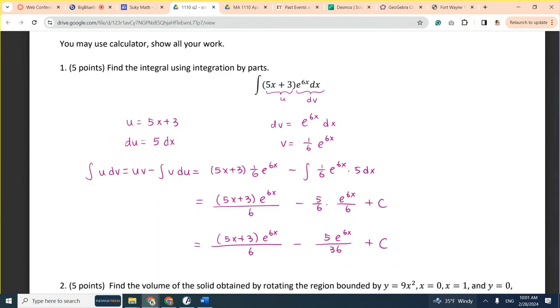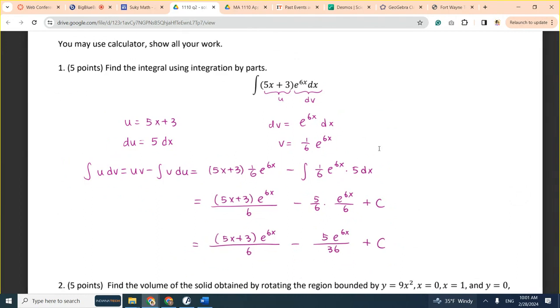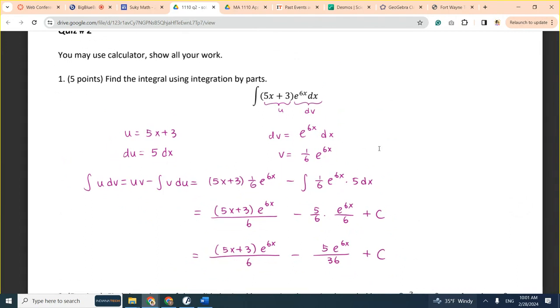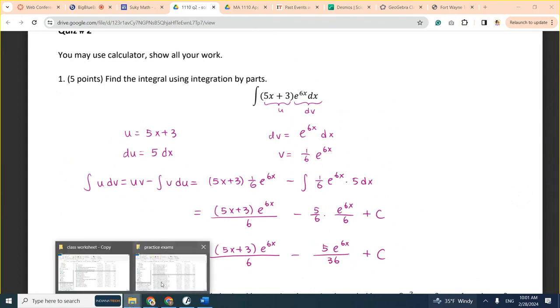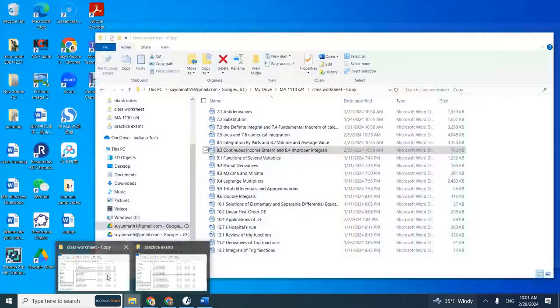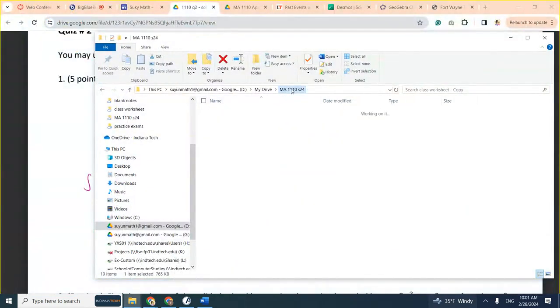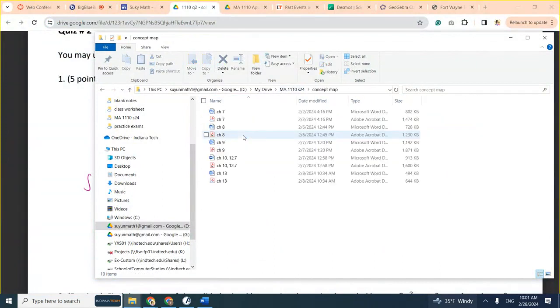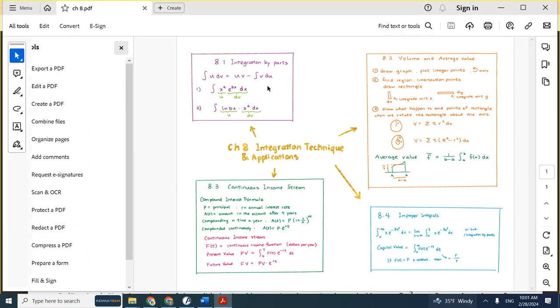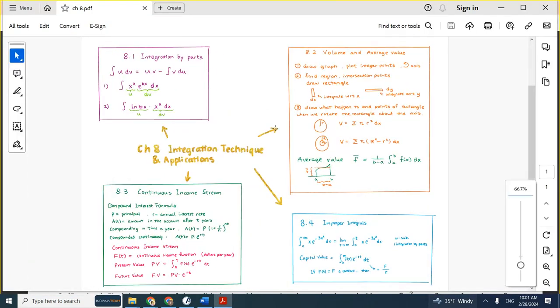For chapter 8, it's always good to look at the concept map, because the concept map helps us see what we're going to learn in this chapter, the relations between the topics, and the methods. In 8.1 we talk about integration by parts.